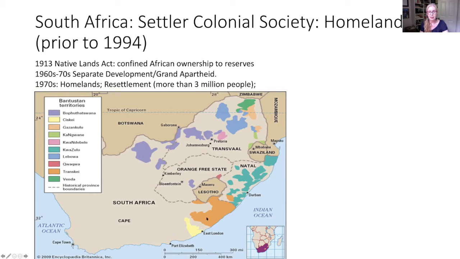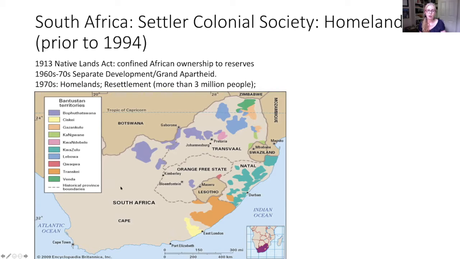They are poor, too many people were put on them, so they're very eroded, and it wasn't good land to begin with, because if it was good land, the whites took it. And that's a whole course. But nonetheless, under apartheid from 1948, and actually starting much earlier, around the 1920s, Black South Africans only had political rights in these homelands.